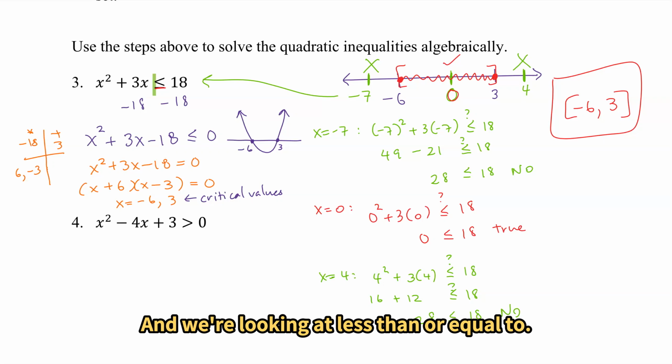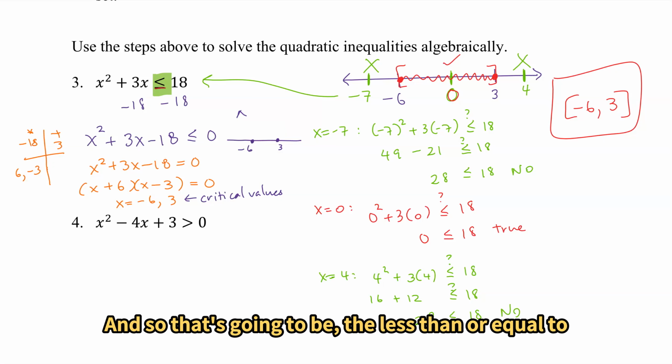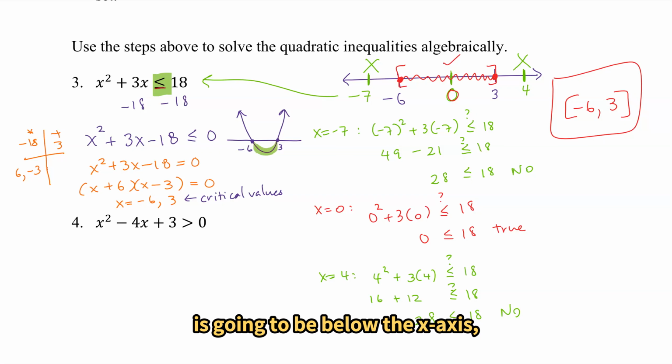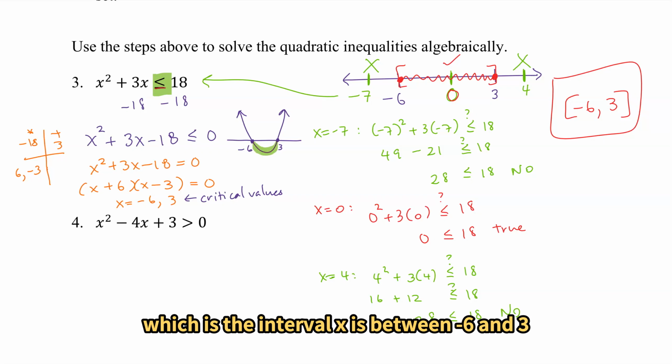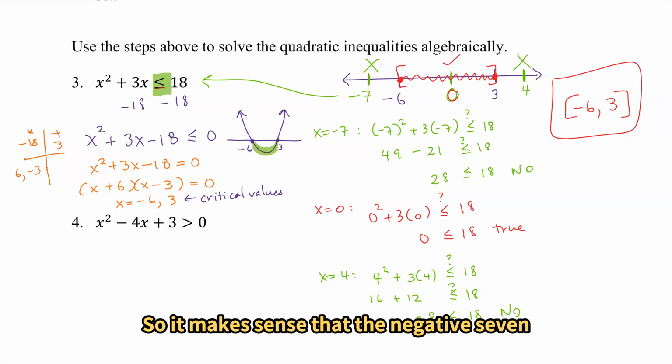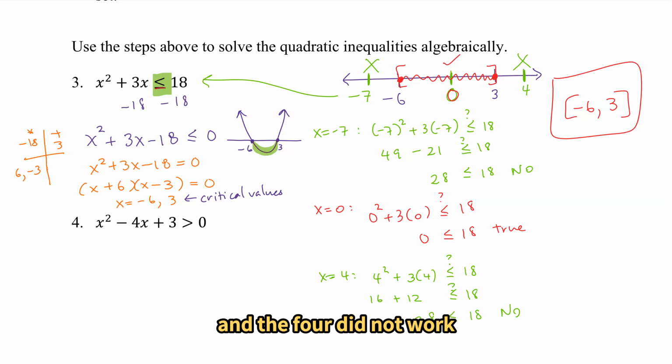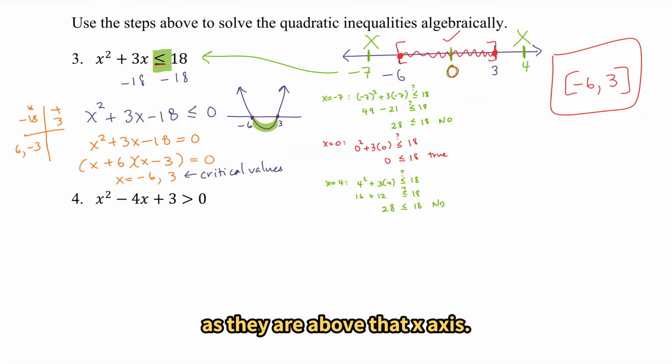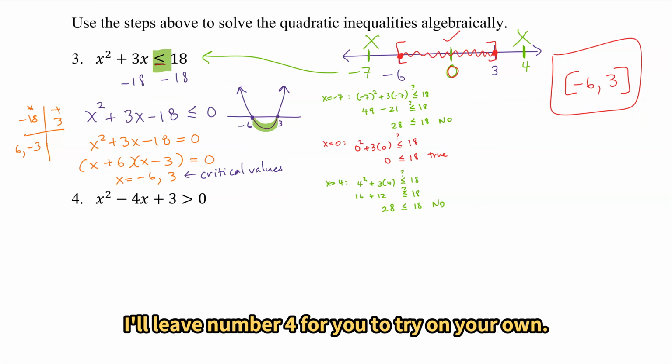And we're looking at less than or equal to, so that's going to be below the x-axis, which is the interval of x's between -6 and 3, according to the graph. So it makes sense that the -7 and the 4 did not work, as they are above that x-axis. I'll leave number 4 for you to try on your own.